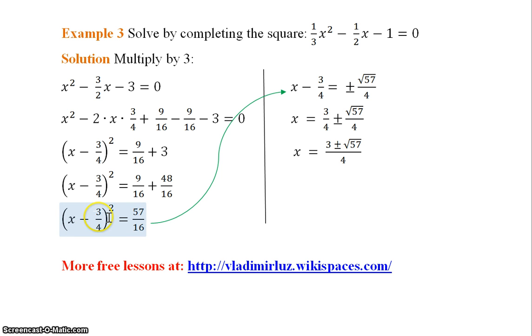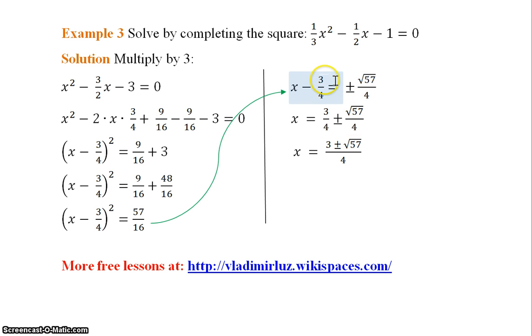Therefore, x − 3/4 is plus minus square root of 57/16. Square root of numerator is √57 and square root of 16 is 4. We get x − 3/4 = ±√57/4.